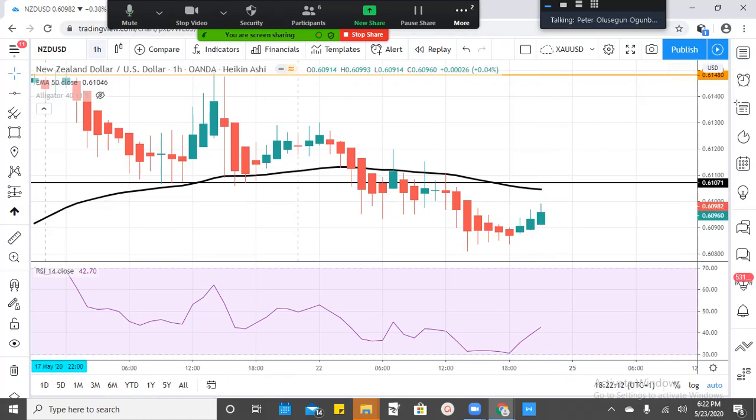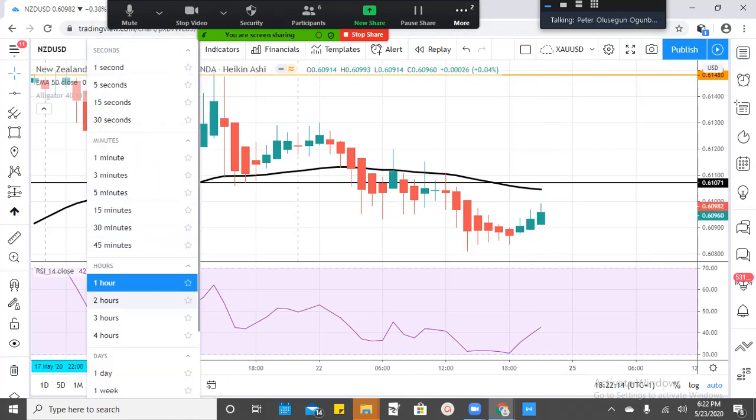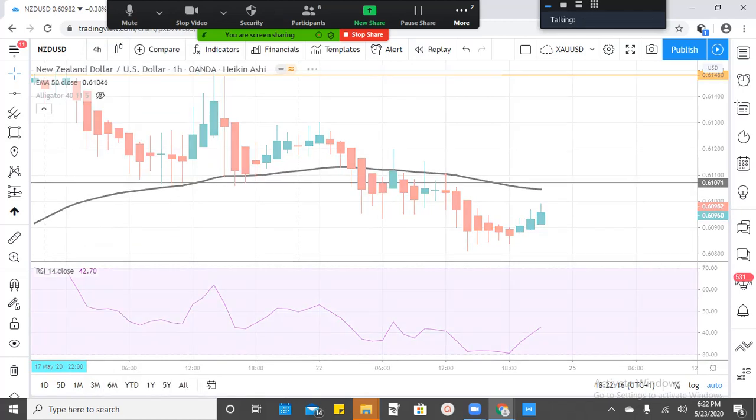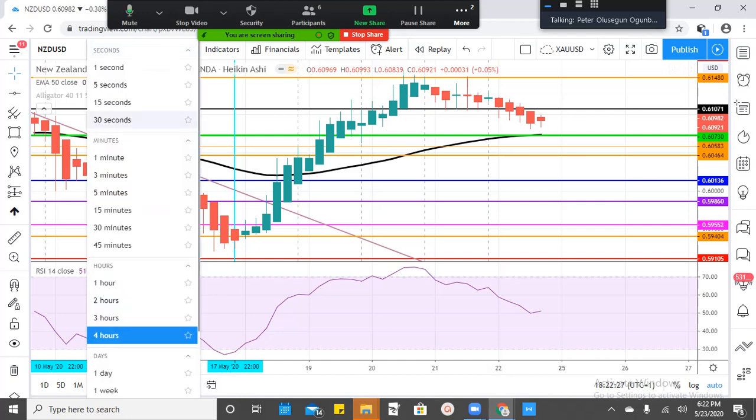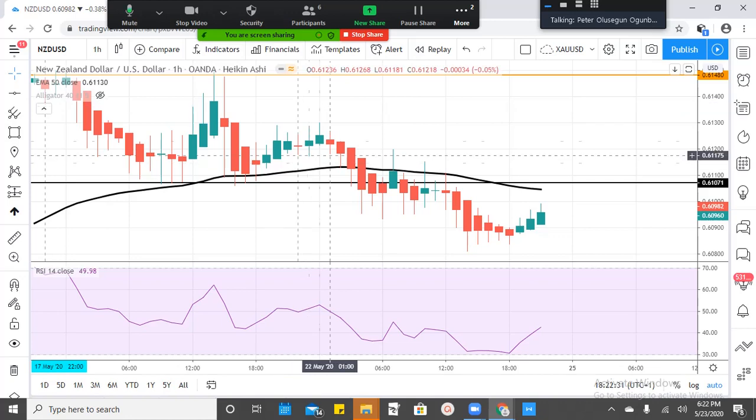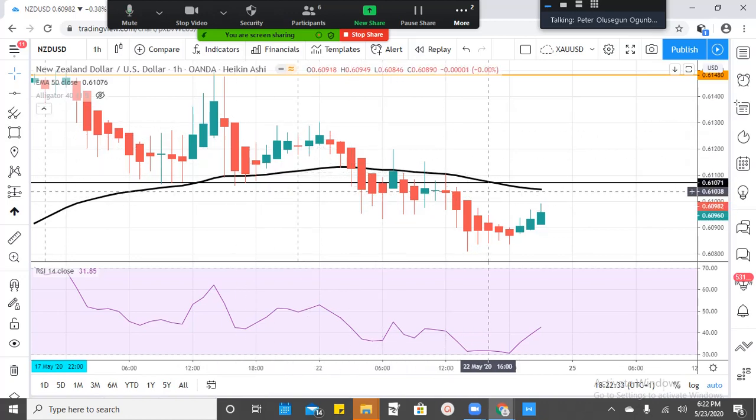If you check at 4 hour, it's still above it. So 4 hour couldn't have helped you because we have entered this trade so early. So 1 hour had confirmed that we are in the trade, and we are early in this trade already. So we are selling it.